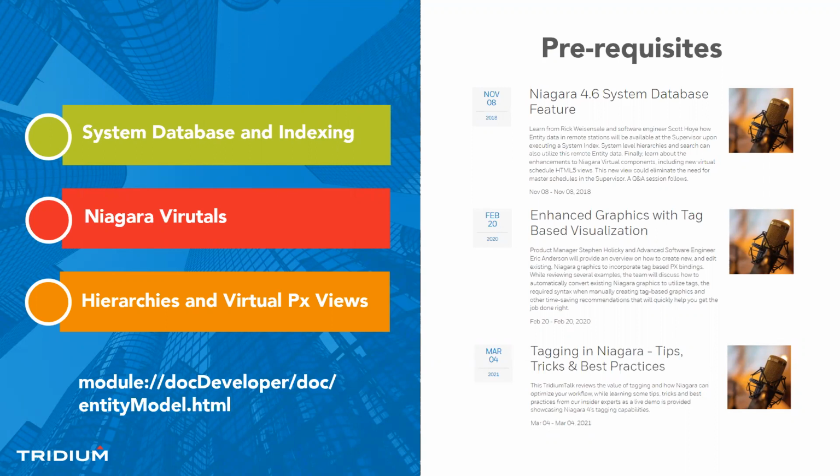So I'm labeling this as prerequisite knowledge that would be beneficial to know, to really understand what's happening with the multi-tiered edition, because we're building upon some features that we have built in the past, and we're just evolving them to expand the framework further from supervisor level all the way down to the edge.